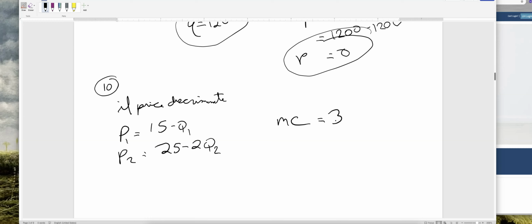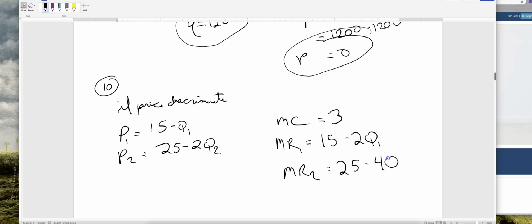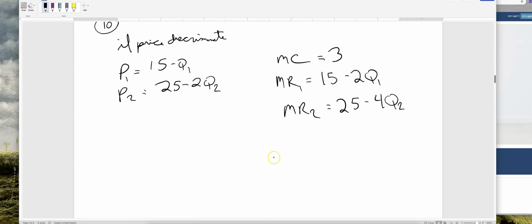But in terms of the marginal revenue, in market 1, in market 2, which then setting equal in each market, MR equals MC.